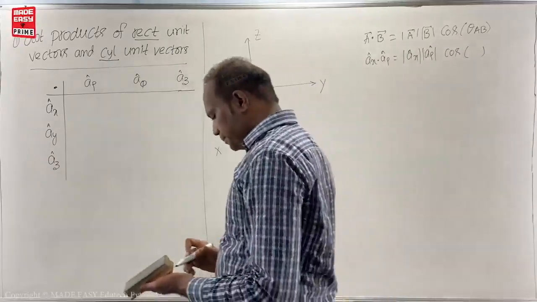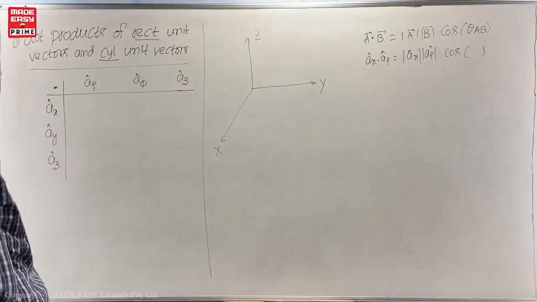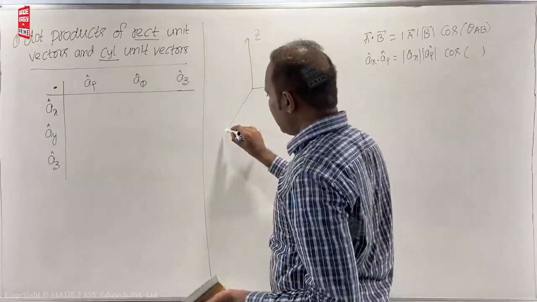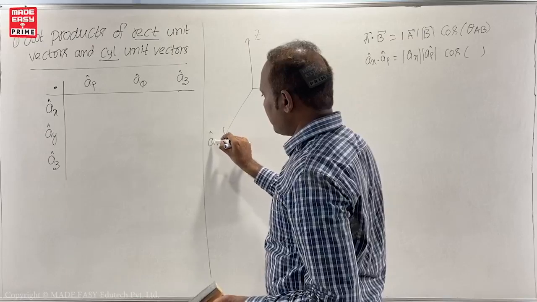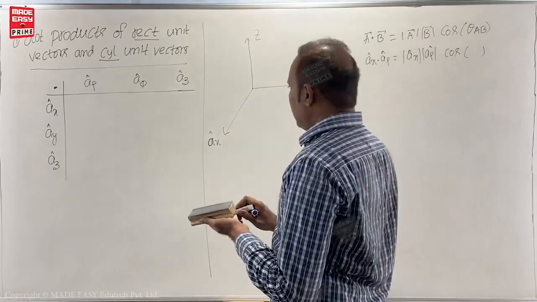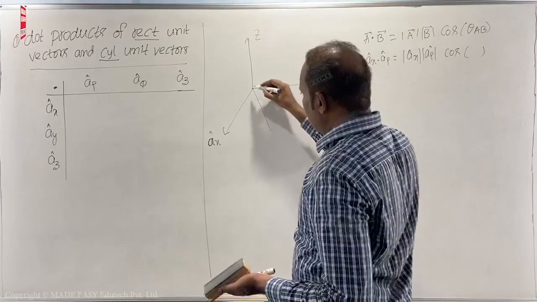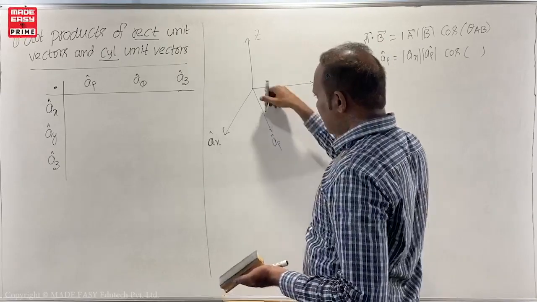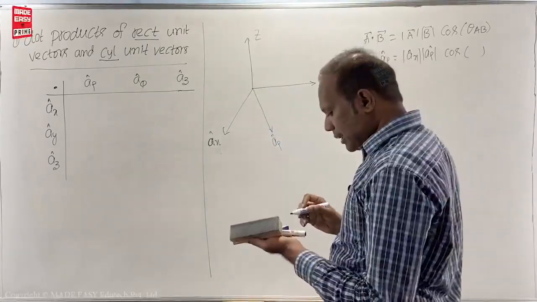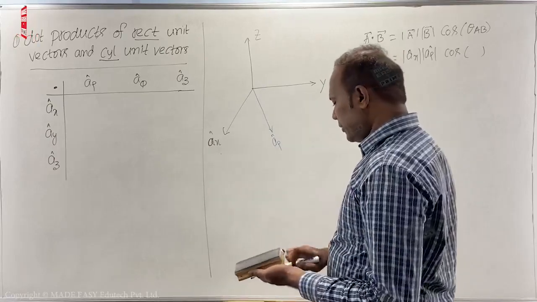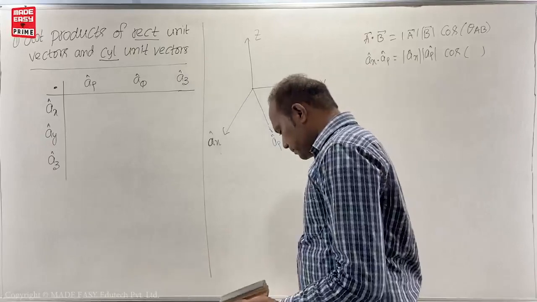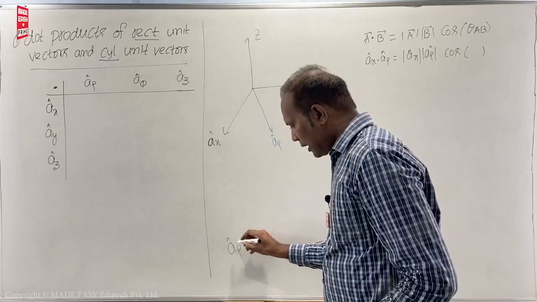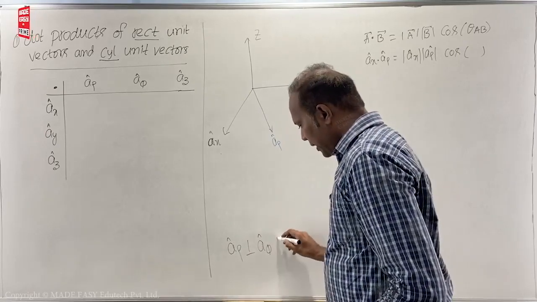Let me write like this. This is the x-axis, so this is ax cap. This is rho, and in this direction a rho cap is there. We have already studied that a rho cap, a phi cap and az cap are perpendicular to each other.